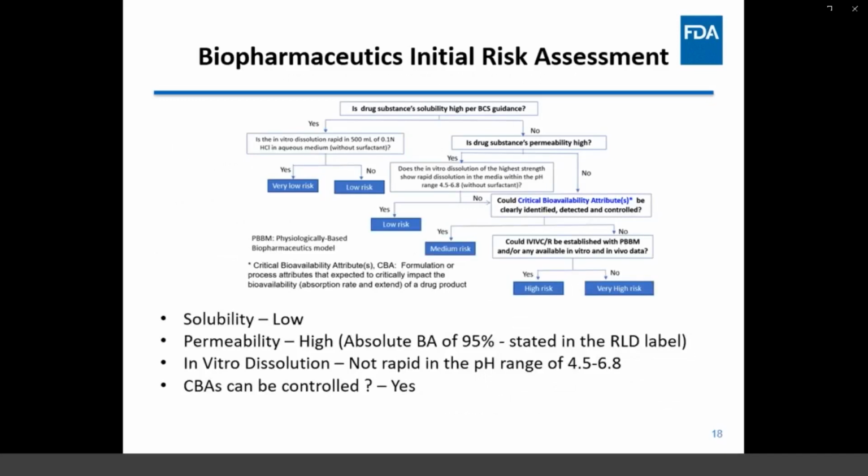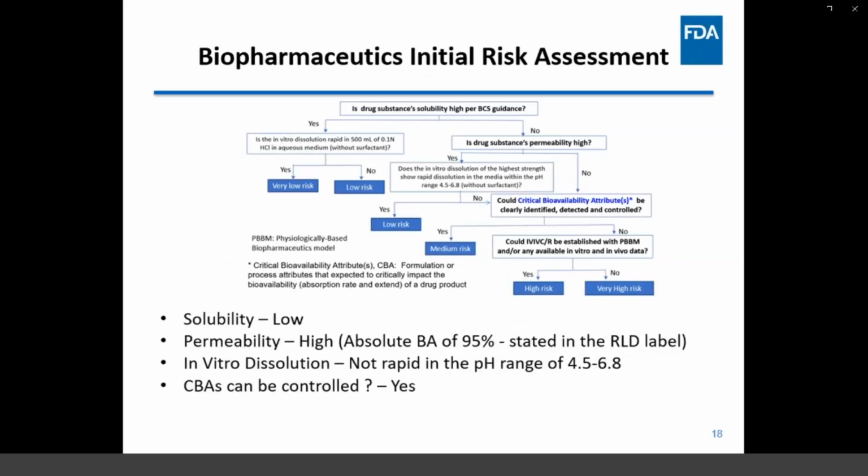So now let's walk through the initial biopharmaceutics risk framework and answer the following questions. Is the drug substance solubility high per the BCS guidance? As demonstrated in the table on the previous slide, we would say no. The next question would be, is the drug substance permeability high?